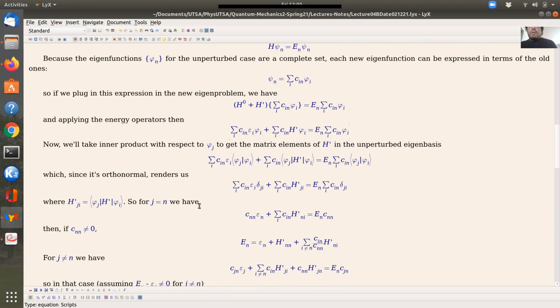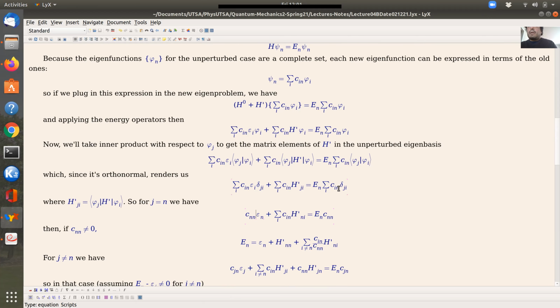And well, we can have two cases, right? Because we were looking basically at the state n. So let's say we choose j equal to n, right? In that case, this is 1. So basically only the nth term will survive in the sum, which is why you have this. Then you have the sum over i, plugging in j equal to n in this case.